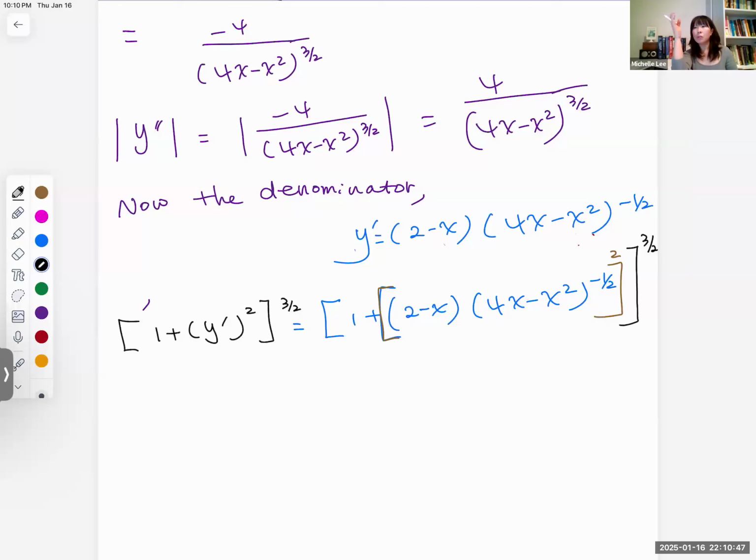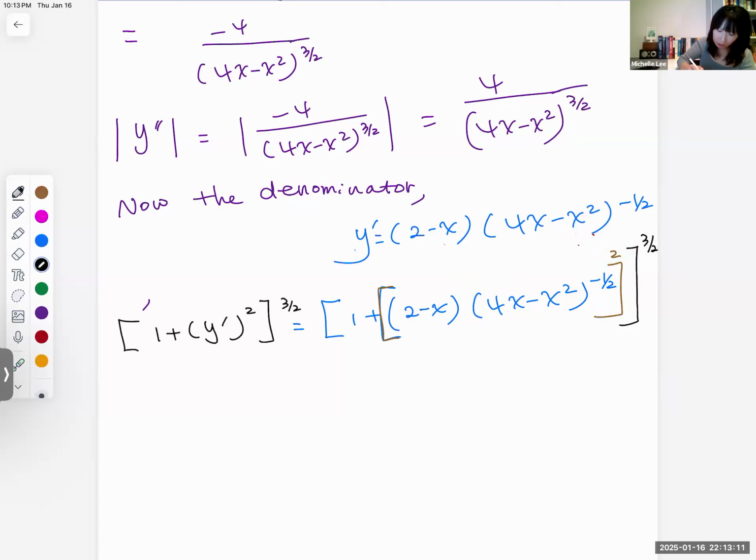Okay, so we have the power, -1/2 times 2, then we get -1, isn't it? Okay, let me see. So we have different powers. This is the only one with this power, and this one does not have a power. So let's apply this one with that, this one with this.